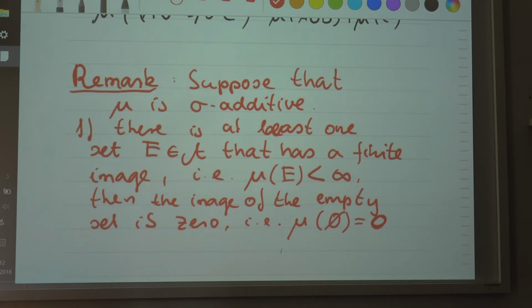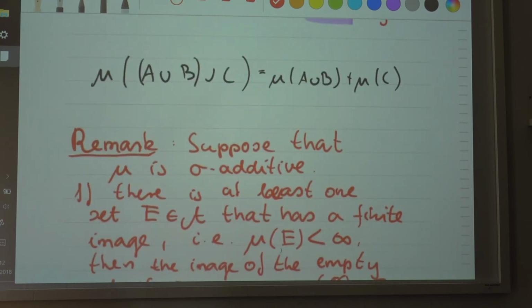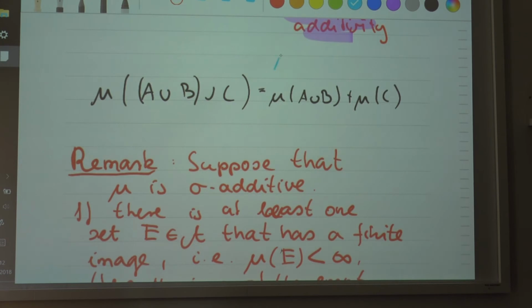Now the problem is that the addition and the union are not equivalent. They're both associative and both commutative, but the union is also idempotent. Idempotency means that the union of two sets which are equal is the set itself.